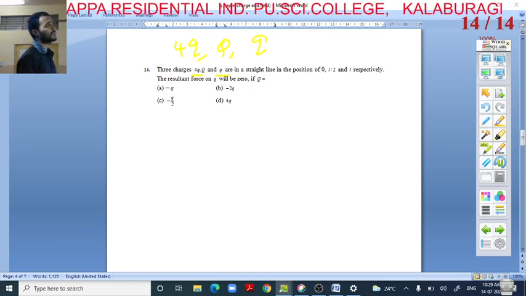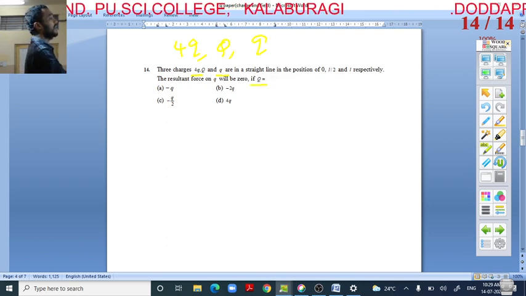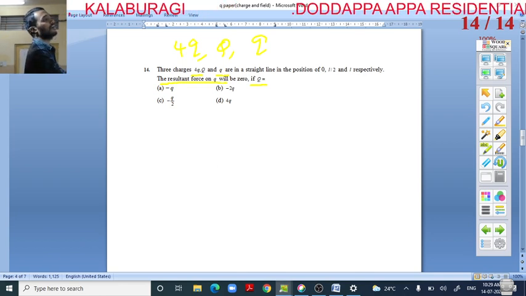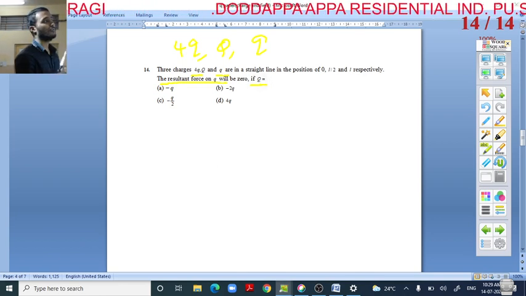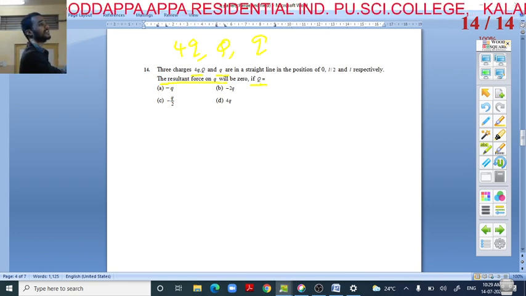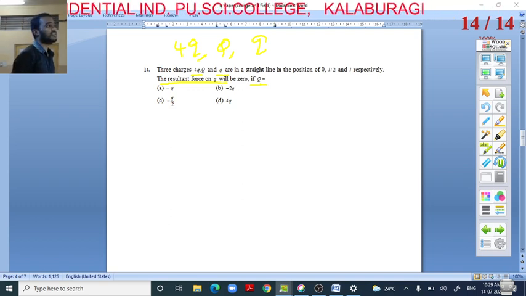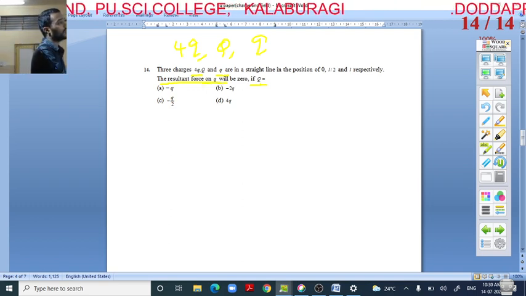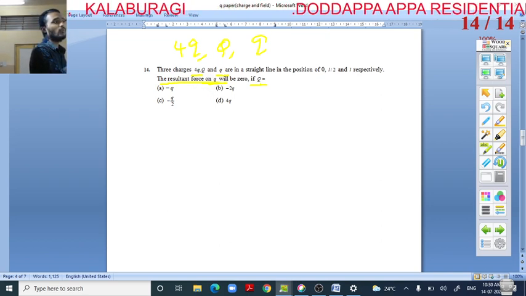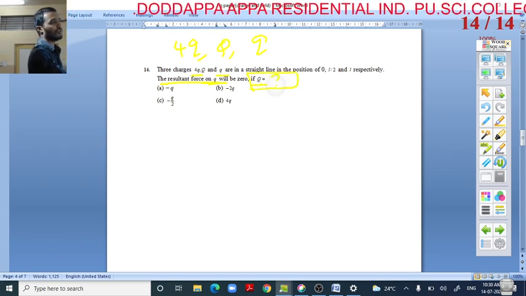The resultant force on small q will be 0 if capital Q is equal to what? What should be the value of capital Q, so that the resultant force on q will be 0? This is our question.